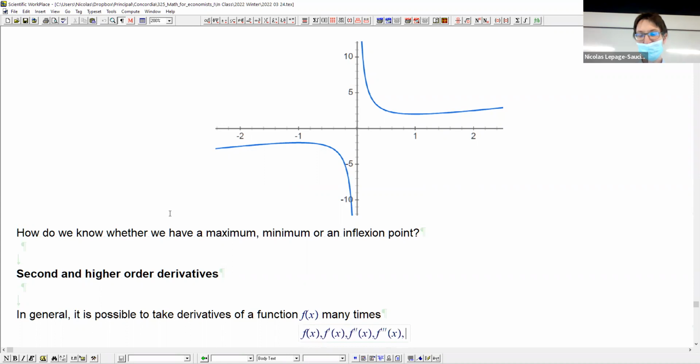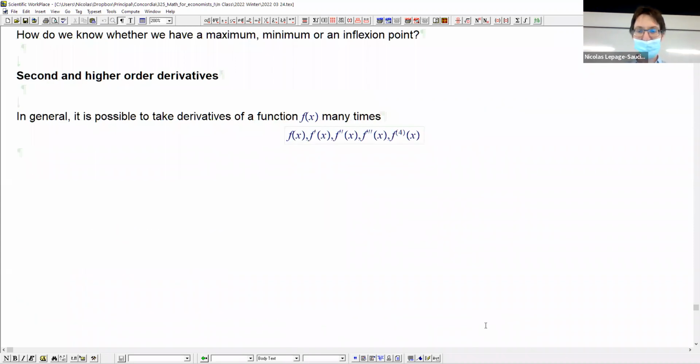And then at some point I have too many little primes, so I would write something like f, I think it's 4 of x. So saying I take the derivative four times, I can take it as many times as I like, as long as it's acceptable to take it.